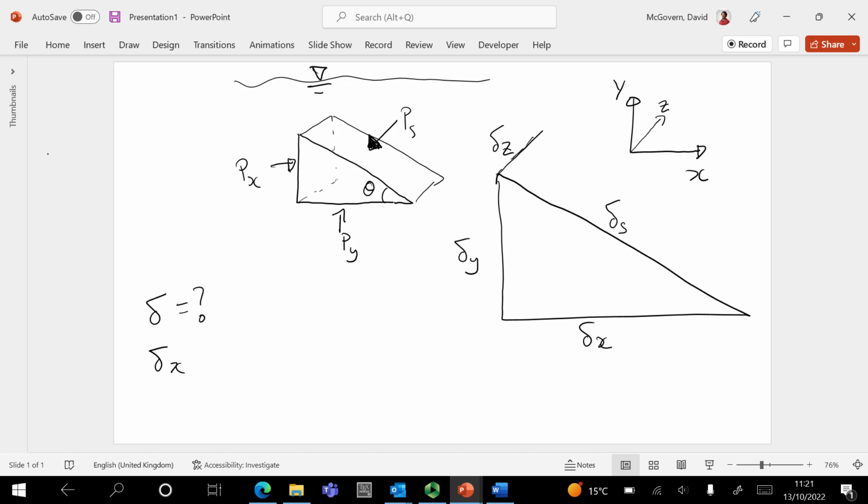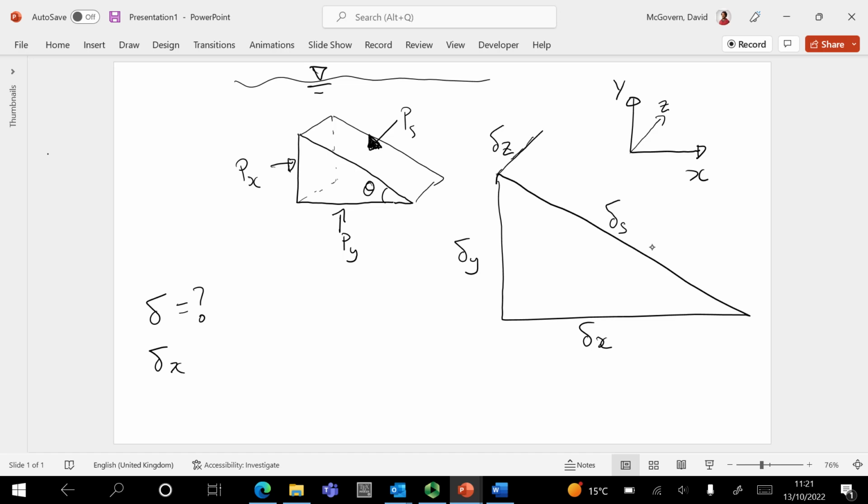And while it might seem a little bit confusing, hopefully it becomes clear when we complete this proof of the theory. So delta x simply means the value in meters of x is effectively 0. All right.